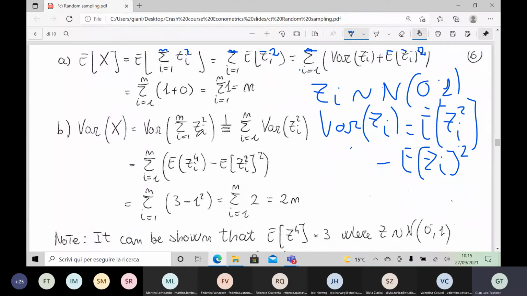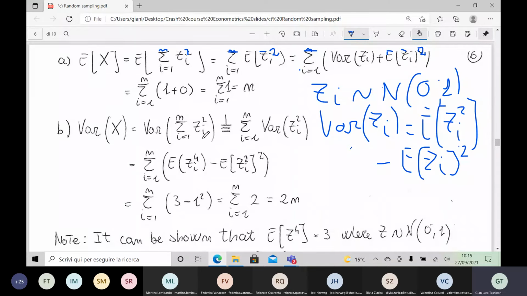And independence. So guys, since theta 1 and theta 2, for example, are independent, also their squares are independent. That is, theta 1 square is independent with respect to theta 2 square.